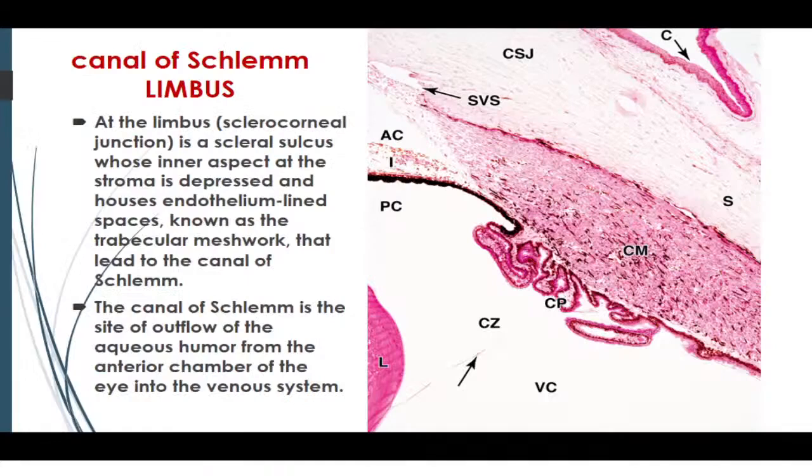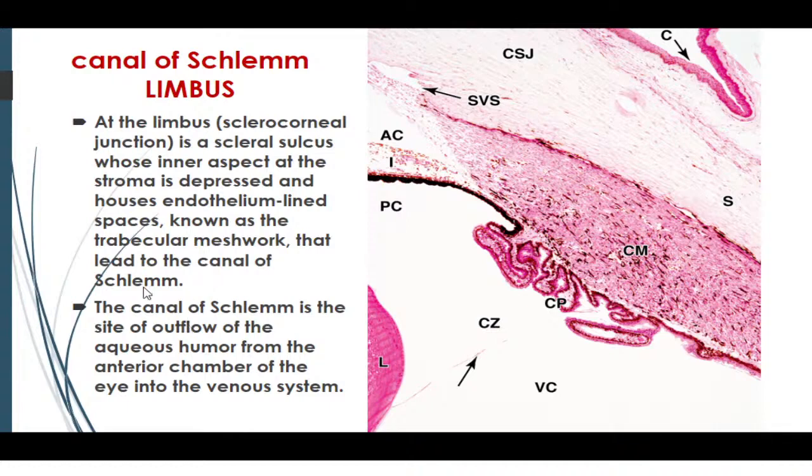Okay, canal of Schlemm in the limbus. In the canal of Schlemm we have the limbus, the sclerocorneal junction. Write now in your notes, the limbus is named the sclerocorneal junction. It is a scleral sacculus where the inner aspect of the stroma is depressed and houses the endothelium-lined spaces known as the trabecular meshwork that lead to the canal of Schlemm.